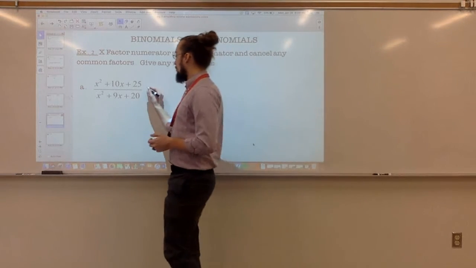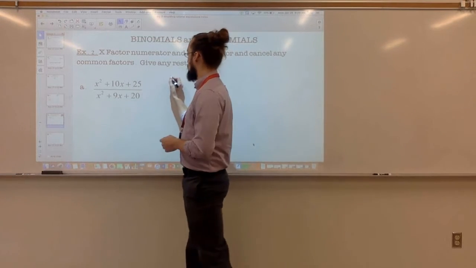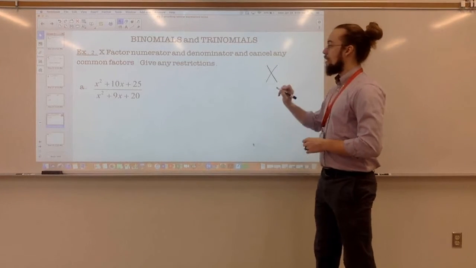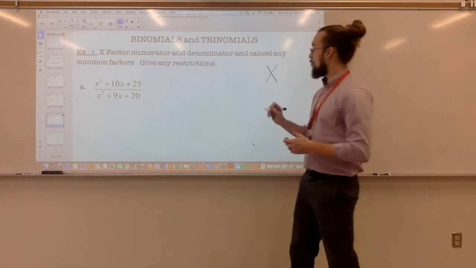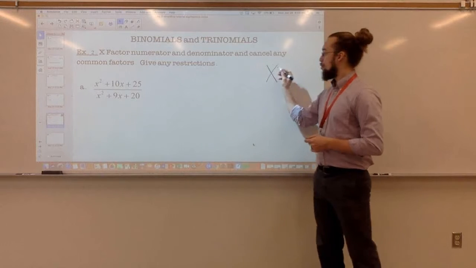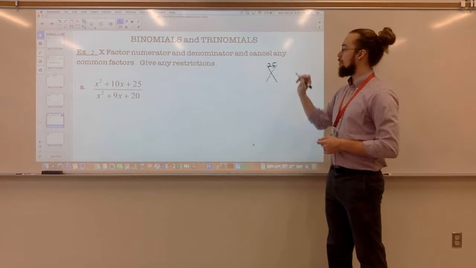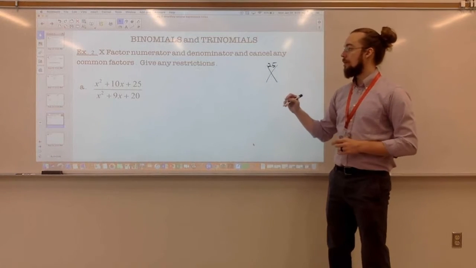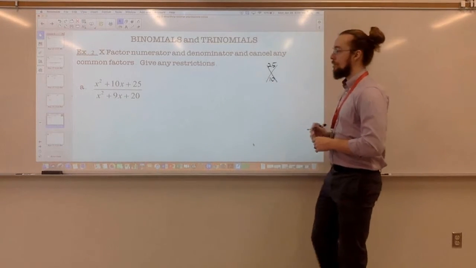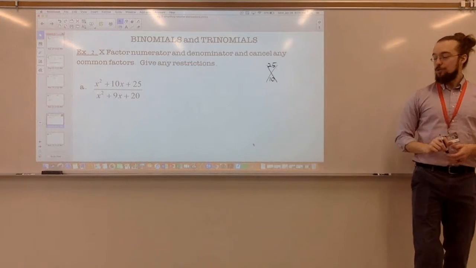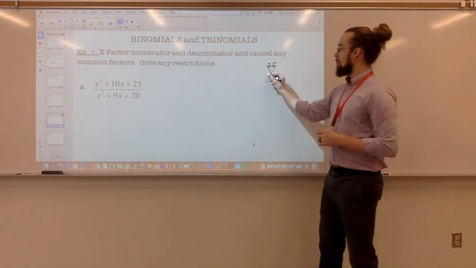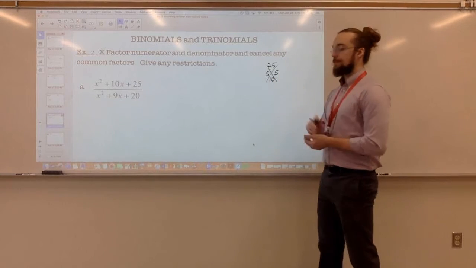So I want to factor this numerator. So I'm gonna come over here to the side and do some x factoring. So remember, I take a times c, so 1 times 25, put that in the top of the x, and then I take my b value of 10 and put it down here. So I'm looking for two numbers that multiply to 25 that add to 10, right? So that's going to be positive 5 and positive 5.